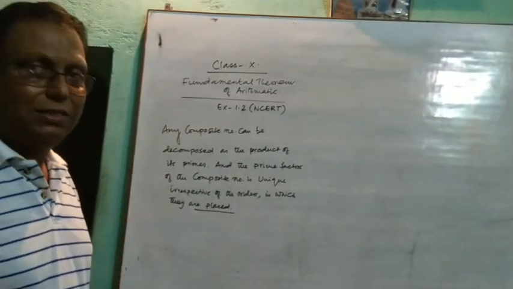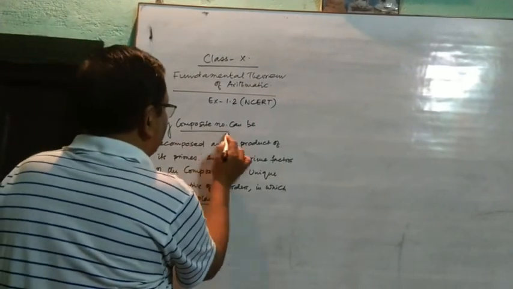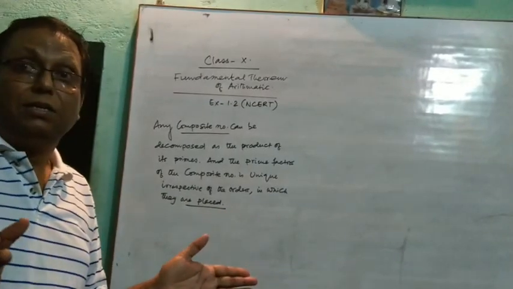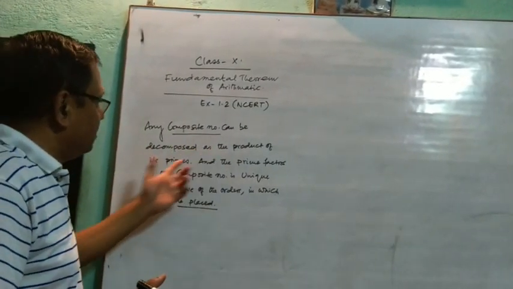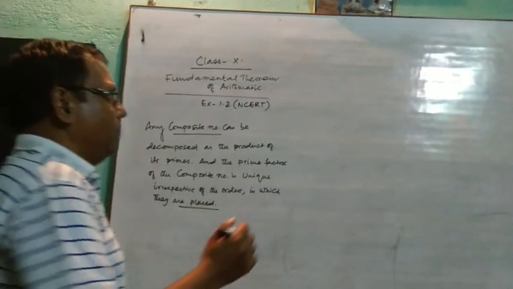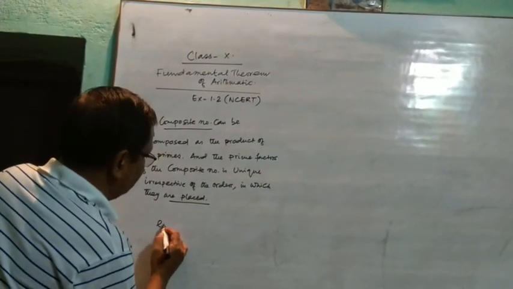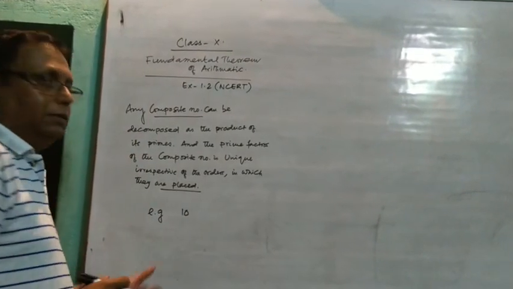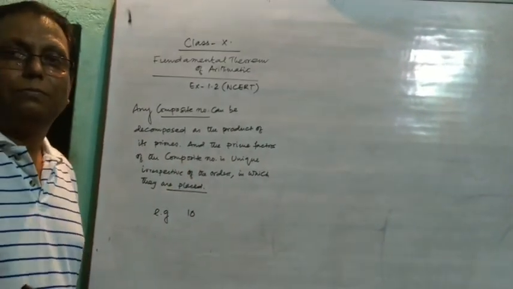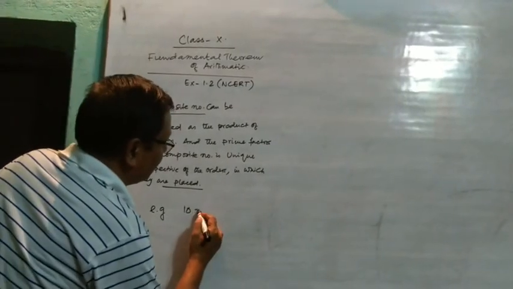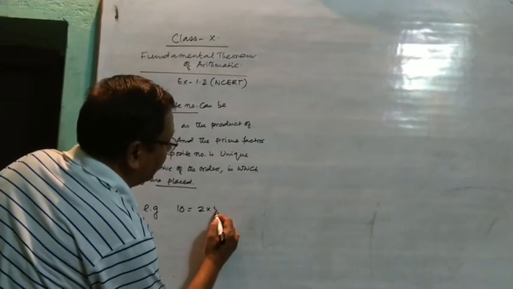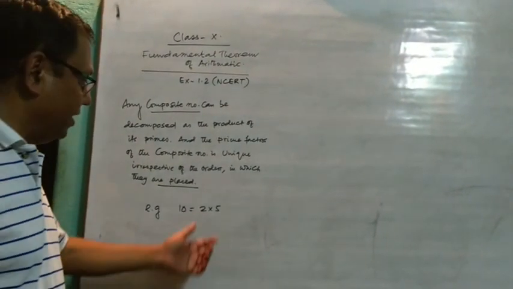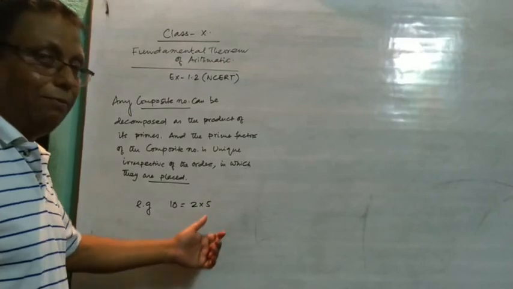The theorem states any composite number can be decomposed, means it can be split, as the product of its primes. For example, we are taking an example of 10. 10 is a composite number. We can split it as 2 into 5. By prime factorization, we can find the value of 10 as 2 into 5.